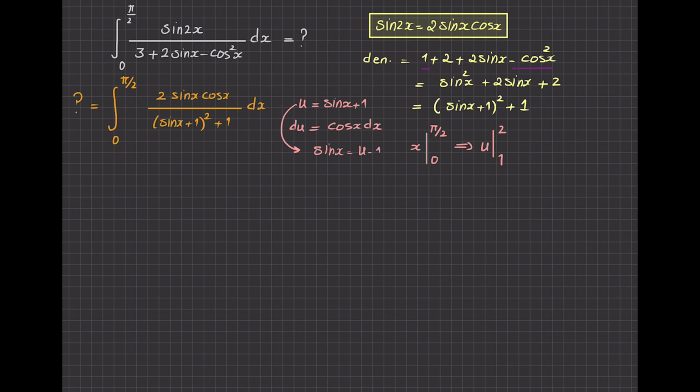I go back to my question mark. So the answer is the integral. Instead of going from 0 to pi over 2, I go from 1 to 2. Then I have 2 in the numerator. Instead of sine x, I write u minus 1. Instead of cosine x dx, I write du. And instead of sine x plus 1, I just write u.